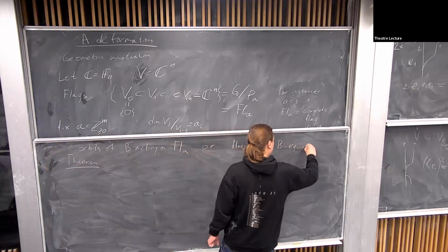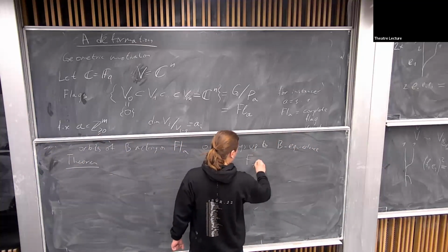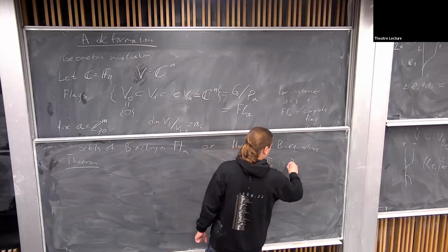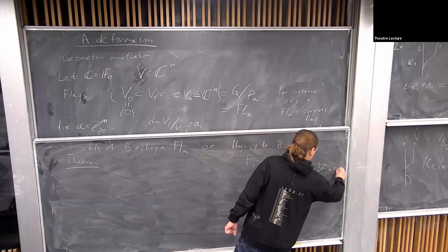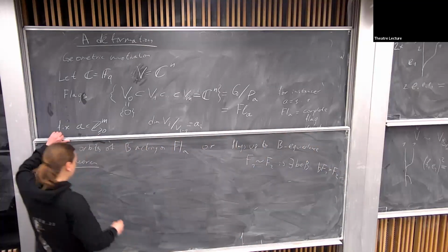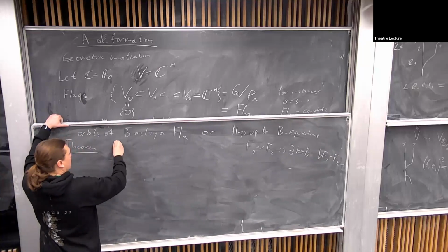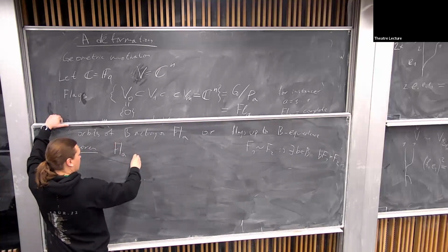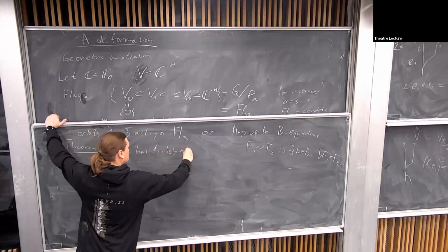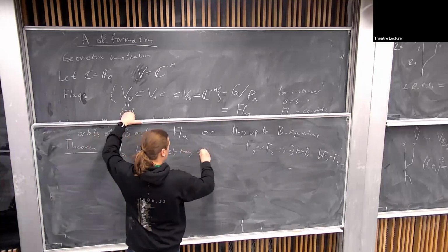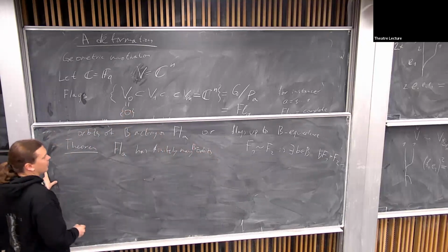You would say that flag F1 is equivalent to F2 if there exists b in B which sends one to the other. Then the theorem is that there are only finitely many B orbits on FA, and they are very easy to parameterize.